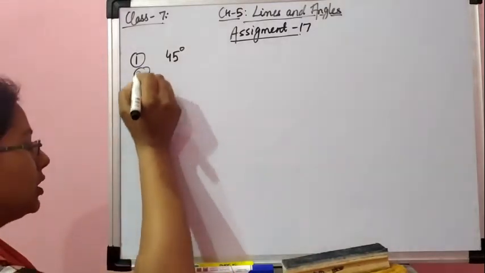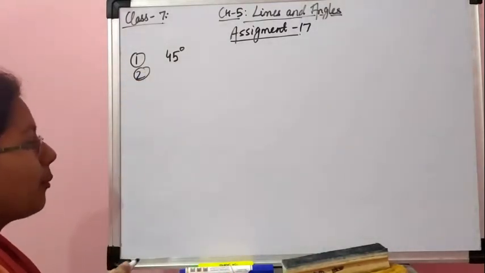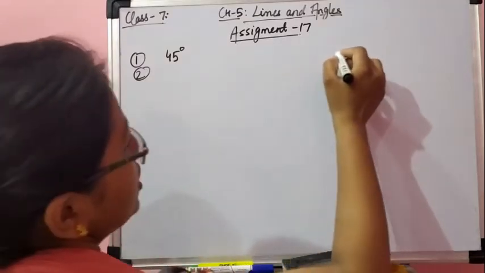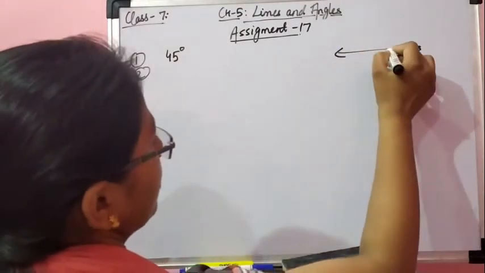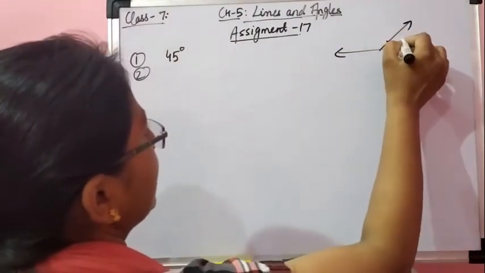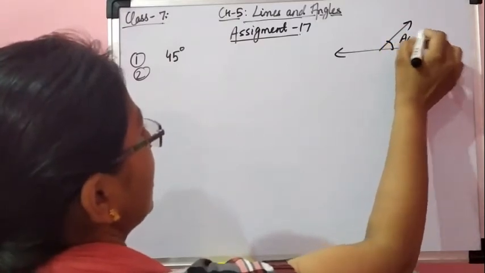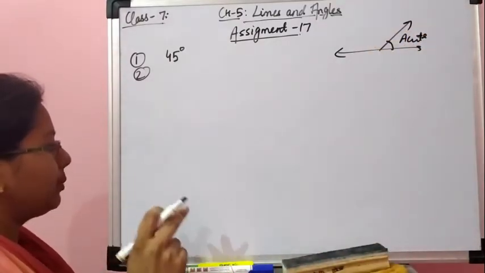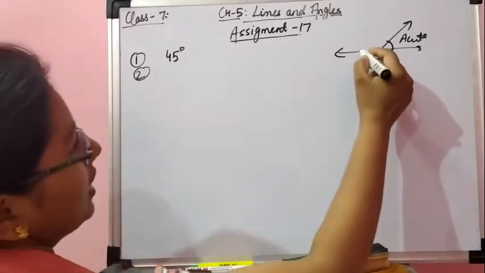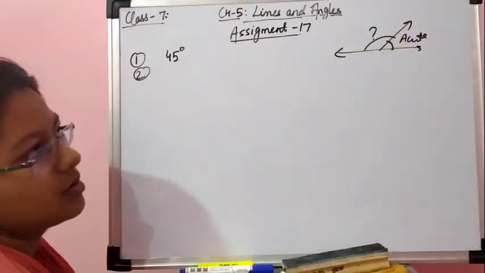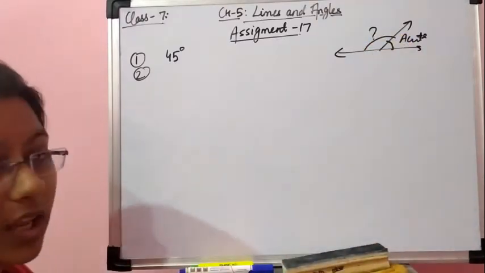Now question number 2 is: if one of the angles formed by a linear pair, supposing this is the linear pair, is acute, what is the kind of the other angle? It is obtuse.